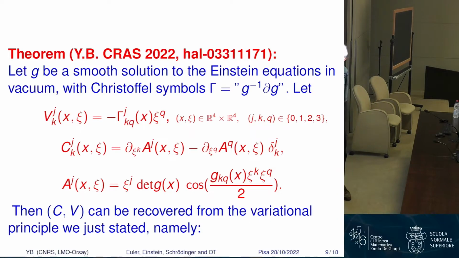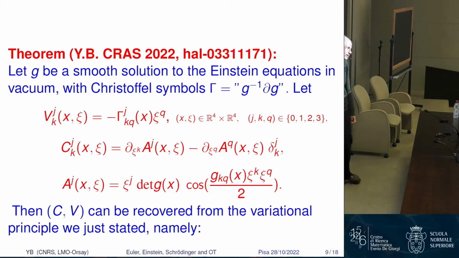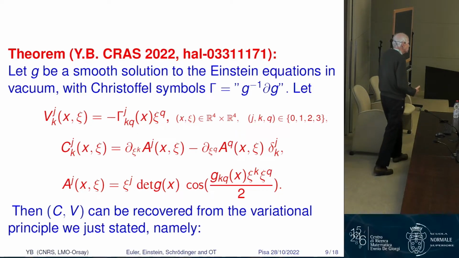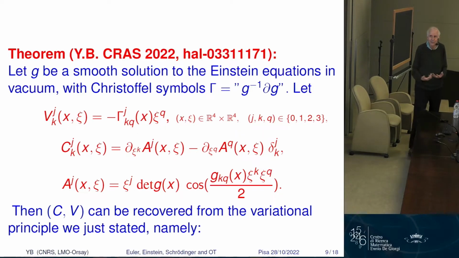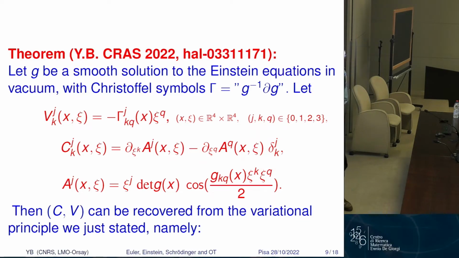So the definition of V_jk is very simple. You just apply the Christoffel symbol, which has 3 indices, to a typical tangent vector psi. And this makes a function of x and psi. It's a little bit funny because it looks weird to consider a general function of x and psi, although in the concrete application, you just take a linear one.